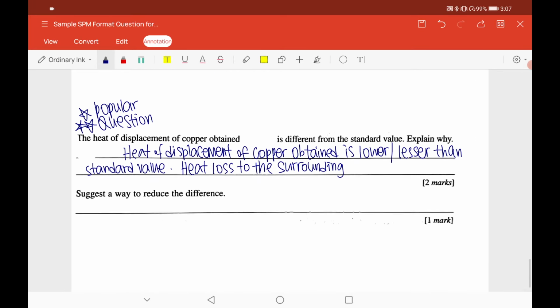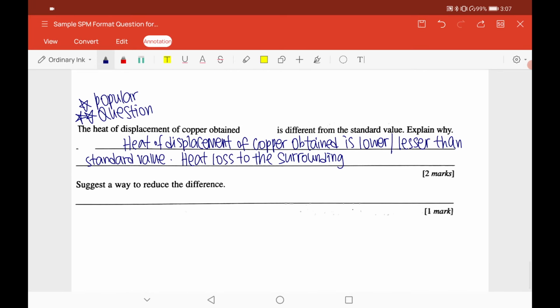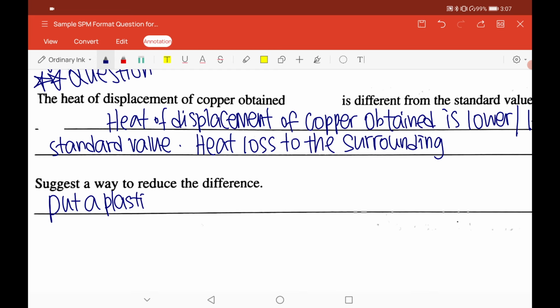Put a cover, and make sure the cover is also made from a material that can reduce the heat loss, such as plastic, or you can call it a polystyrene cover.